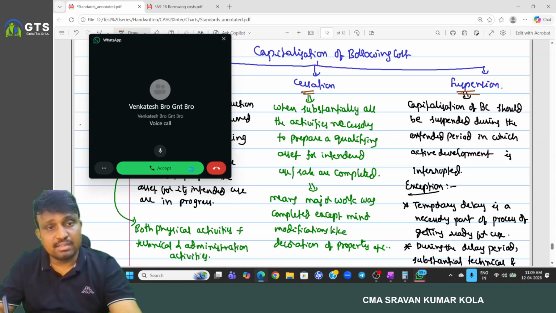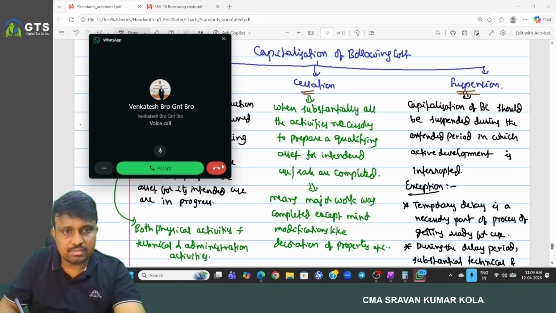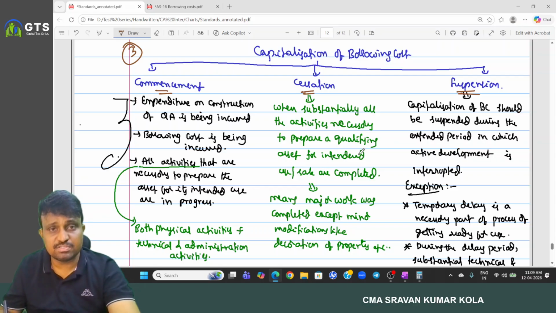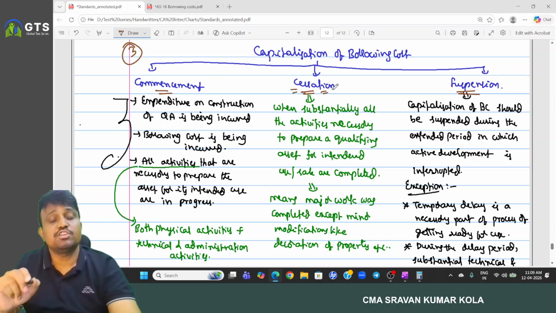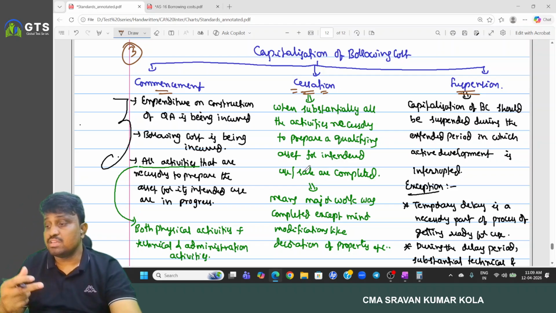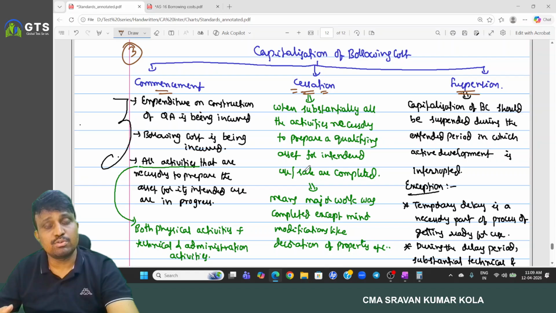Another one is cessation of the borrowing cost. Cessation means when we stop the capitalization of the borrowing cost.